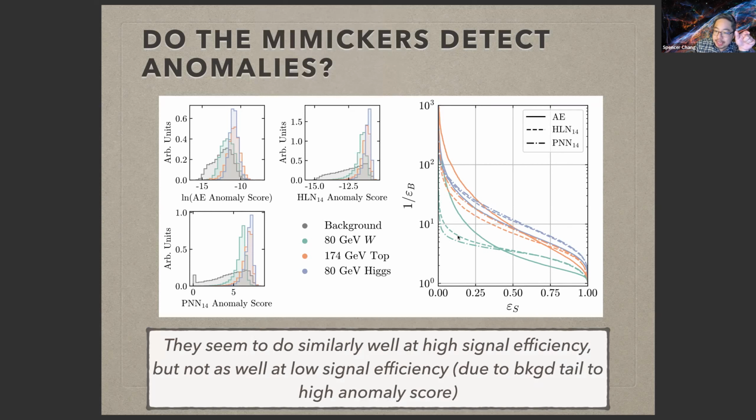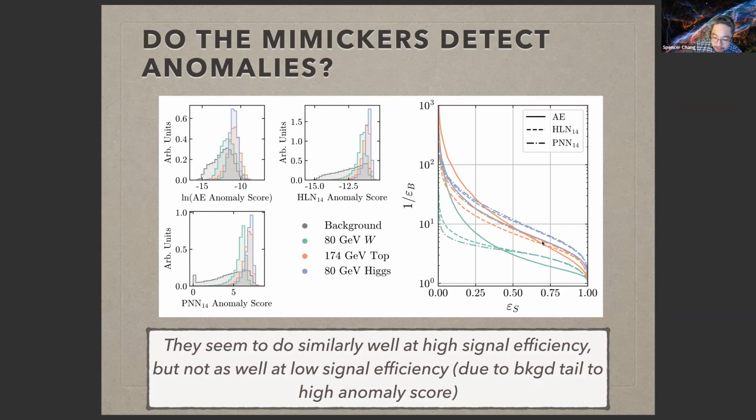Here you can see a nice sharper drop of the background, right? It's lower signal efficiency because as you go to the right on the cut. And here you can see there's more of an overlap of the signals with the very end of the background. So that explains why we get this behavior.